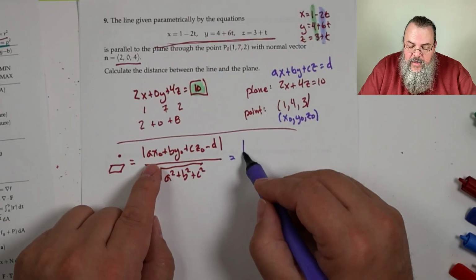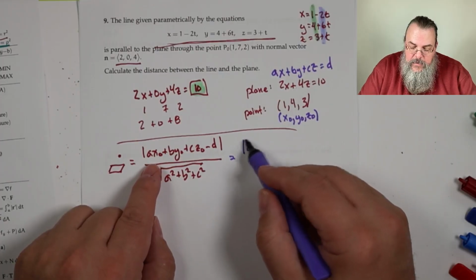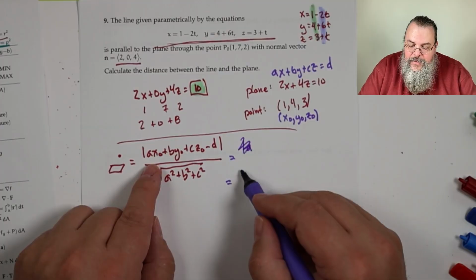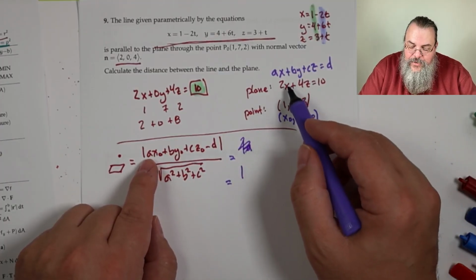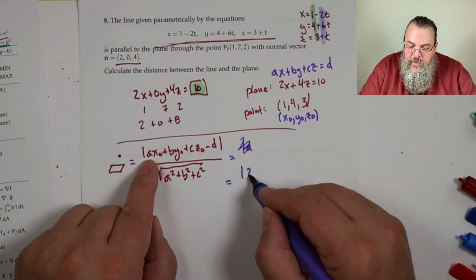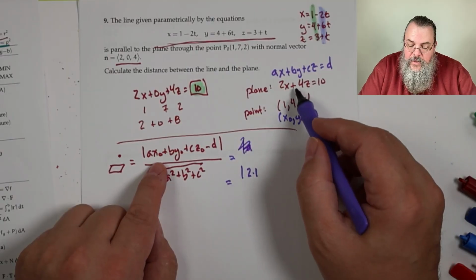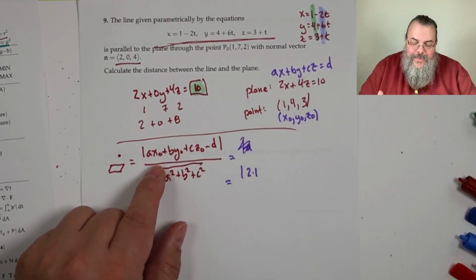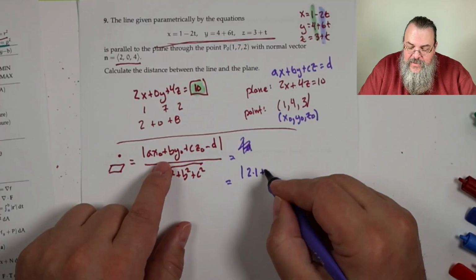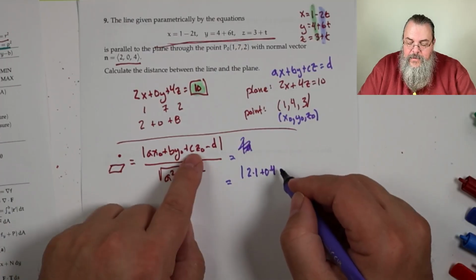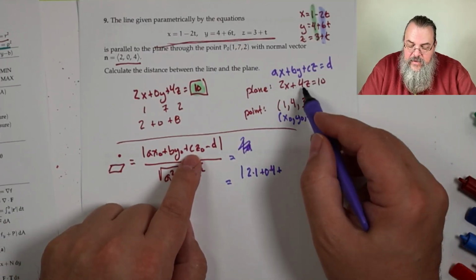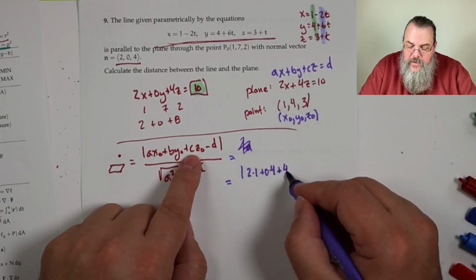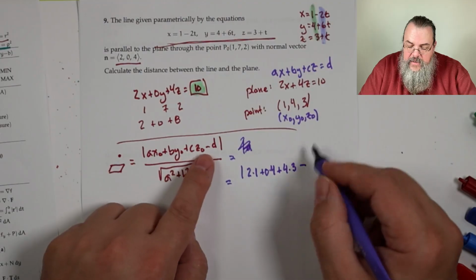So we're going to take, not a, I'm going to use actual numbers here. So 2 times 1. Now, there's no y. Don't worry about it. If you're missing a variable, that just means your coefficient is 0. So plus 0 times 4 plus, and then c is 4, so 4 times 3 minus 10.